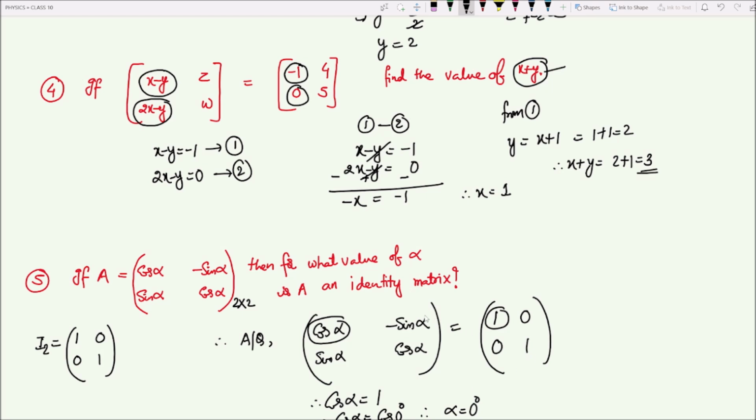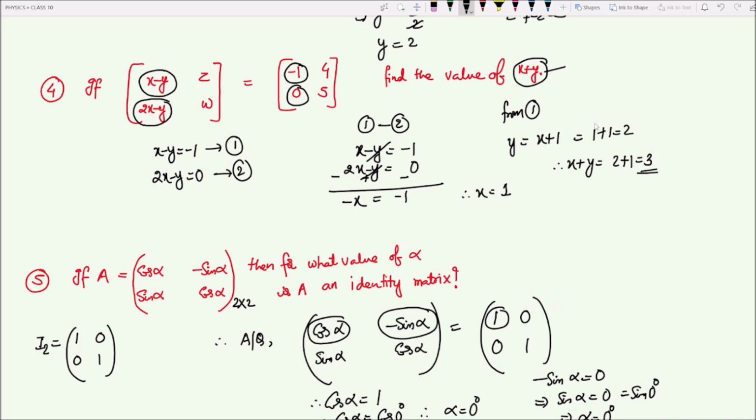Okay. Now we can also find it from this: minus sin alpha is equal to 0, or sin alpha is equal to 0, and we know that sin 0 degree is equal to 0, so alpha is equal to 0 degree.